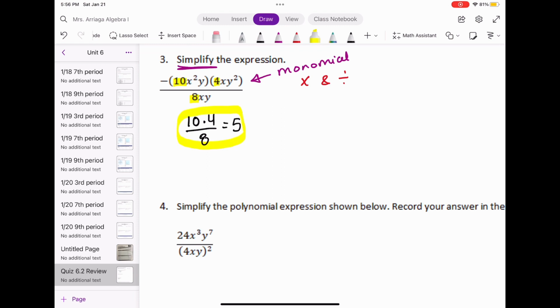So now let's rewrite this expression. Don't forget the negative. Okay, all my numbers give me a 5, so I'm going to write a 5. And from there, I'm just going to continue writing all the variables.